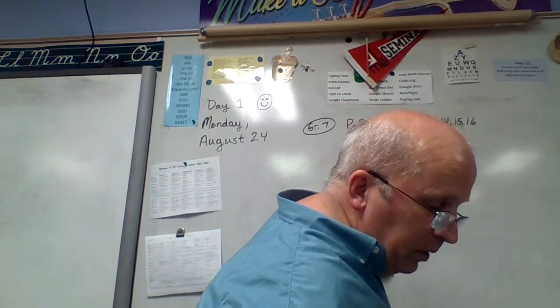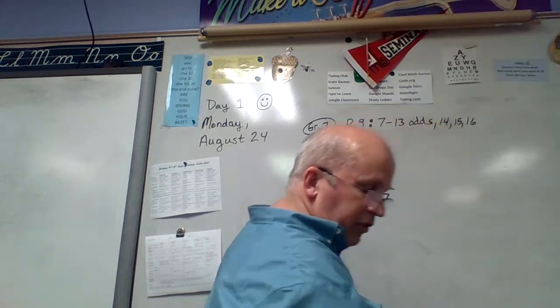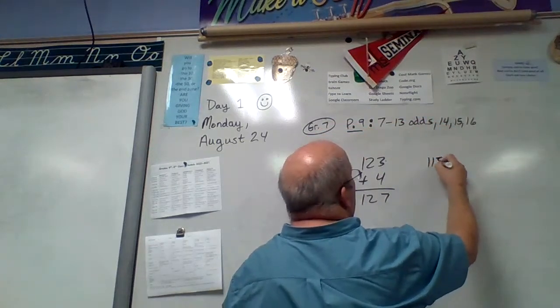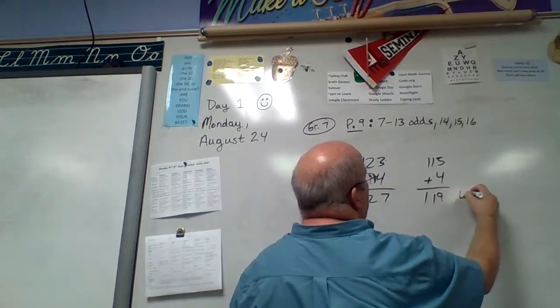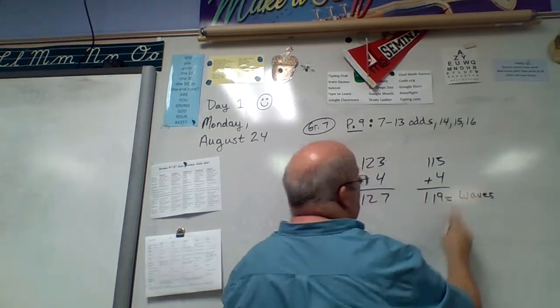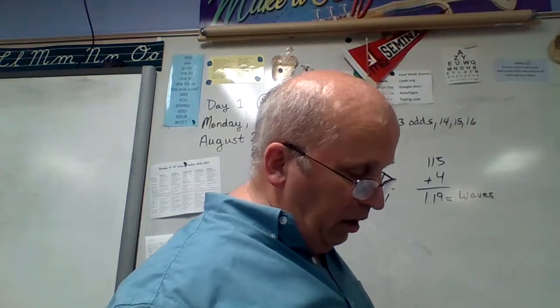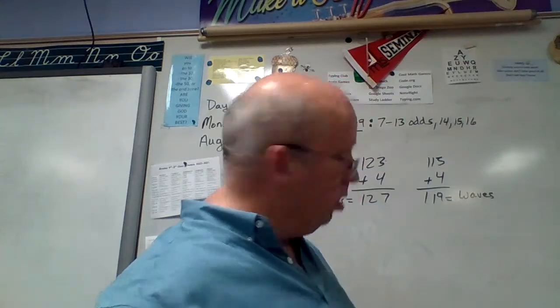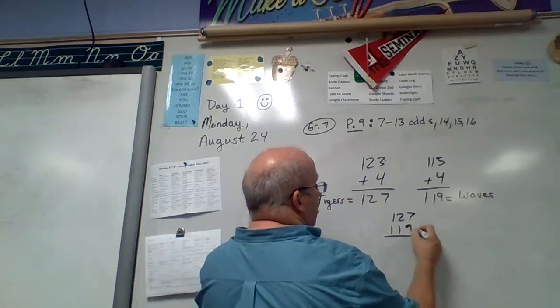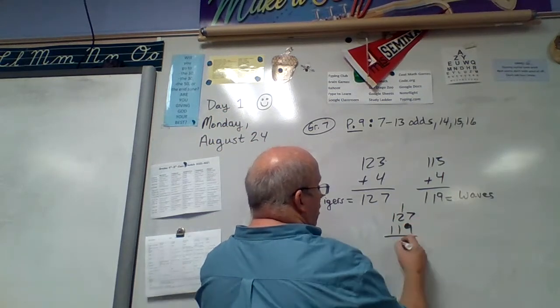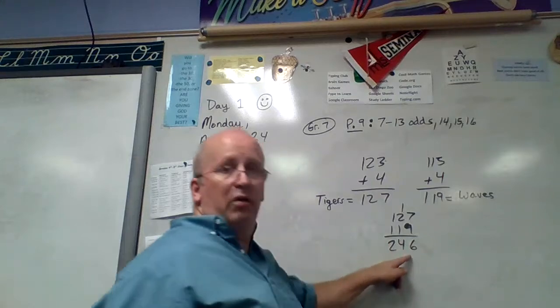The other team is 115 and 4. So the Waves are 119 people. How many people is that in all? In all, we add those 2 numbers together, and we get 246, right?